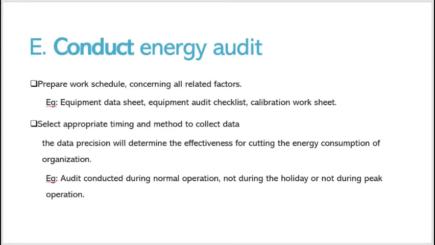This data precision will determine the effectiveness to cut the energy consumption of the organization. For example, the audit must be conducted during normal operation, not during the holiday or not during the peak operation.